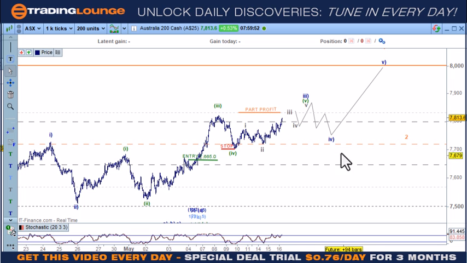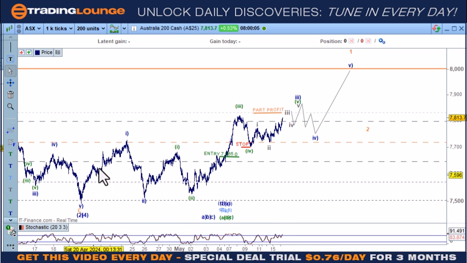Unless you want to hold it through all of this, and you'll end up much higher up here. But I'll leave that with you. So basically, in a nutshell, we've got 1, 2 going all the way up here for 3, 4, and 5 up here. So that's where that is.